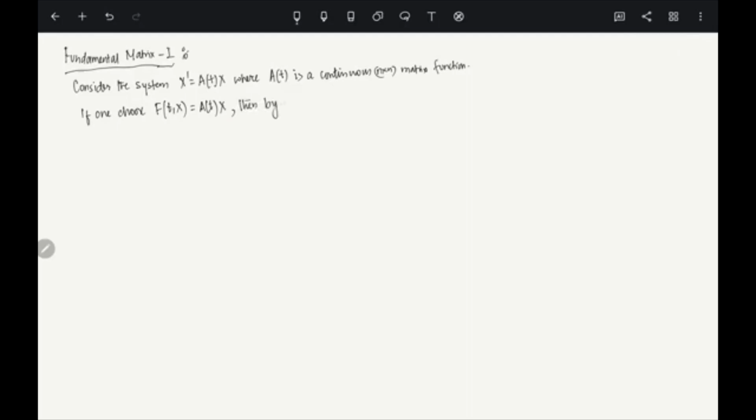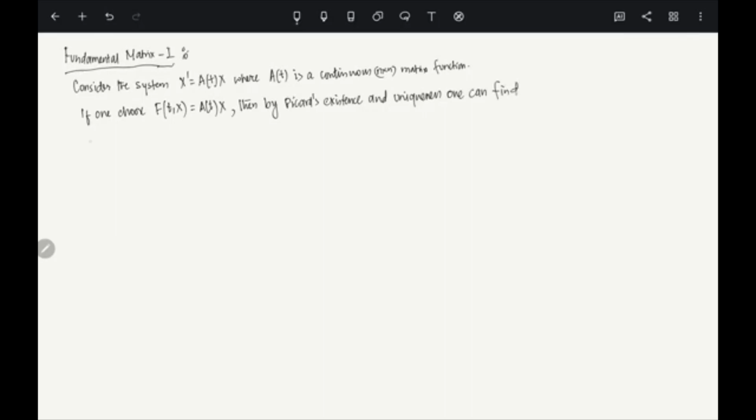So if we choose this, then by Picard's existence and uniqueness, one can find a unique solution.